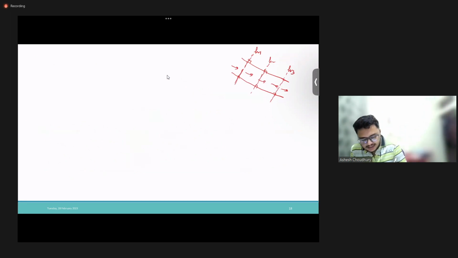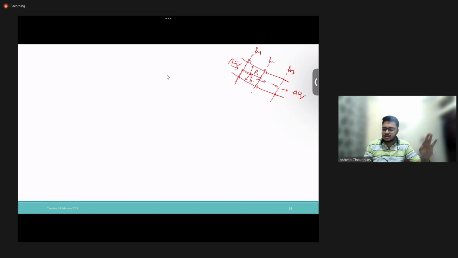And say the length of this one is L1, and this one is P1, like that. Some flow is entering here and the same flow is exiting that part, from our continuity equation, right? So the flow which enters is equal to the flow which exits.